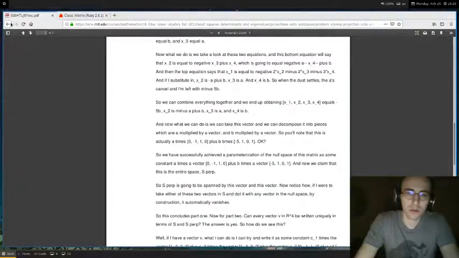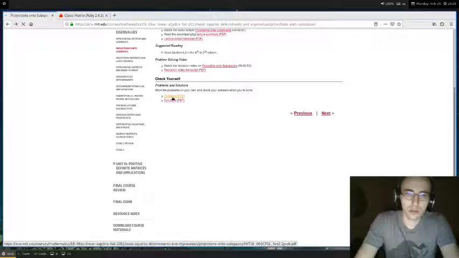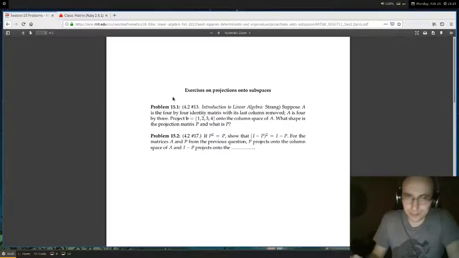All right, the hard part, problems. Okay, suppose A is a 4 by 4 identity matrix with its last column removed.